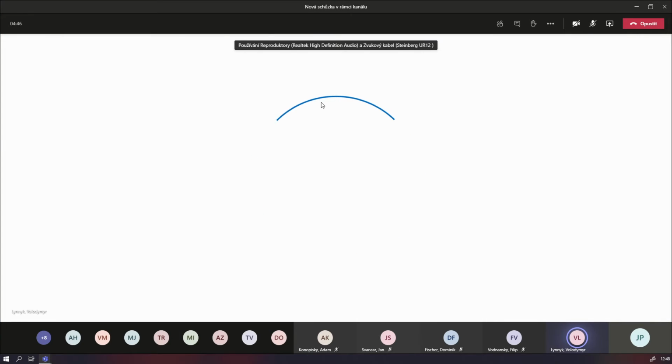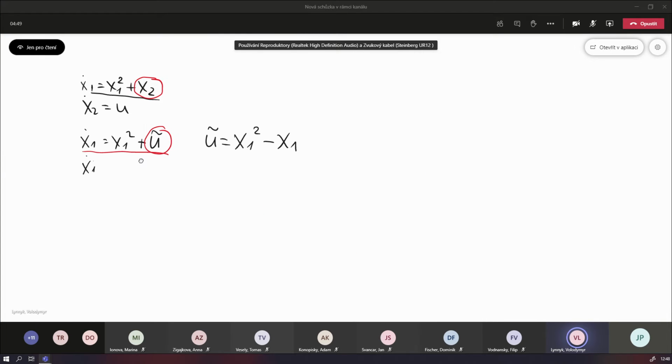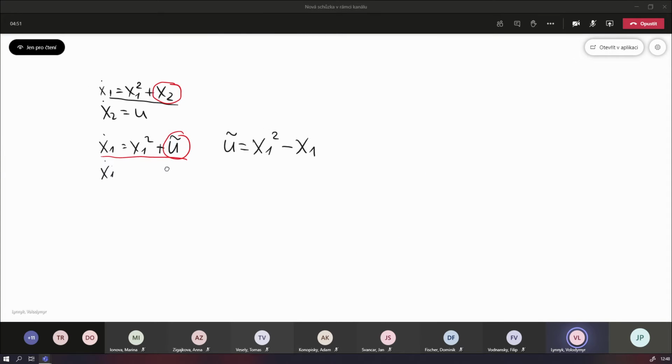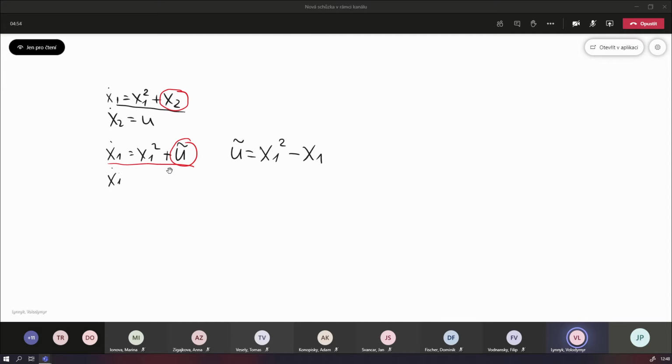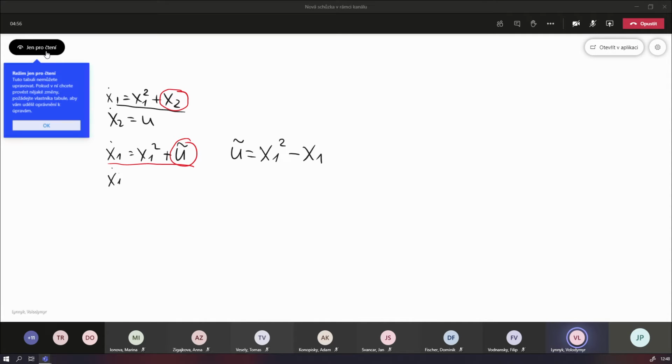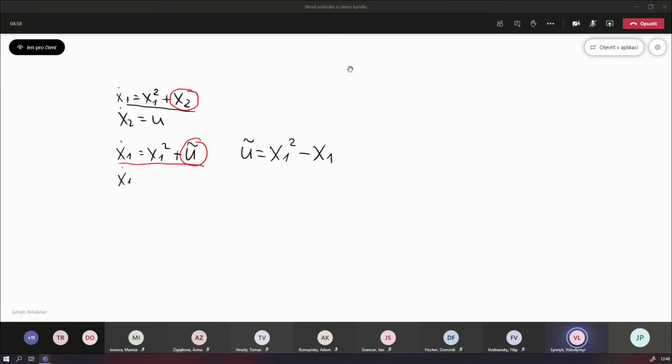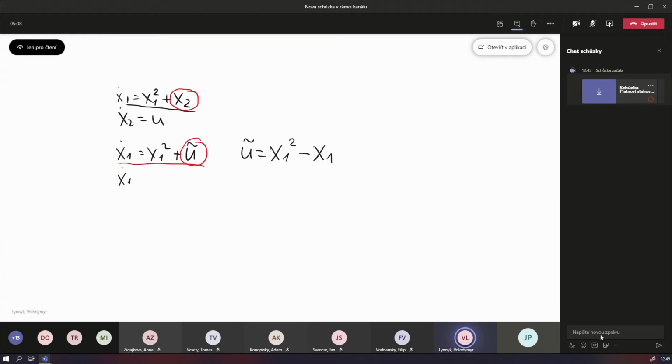Then the final system is x1 dot equals x1 squared minus x1 squared minus x1, which equals minus x1.